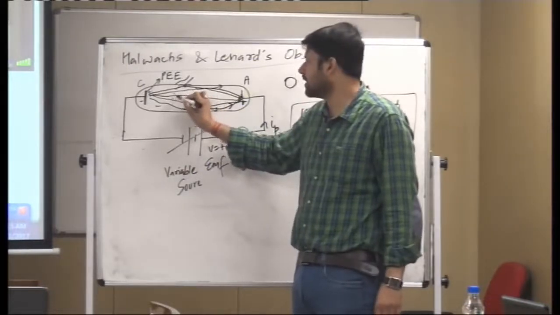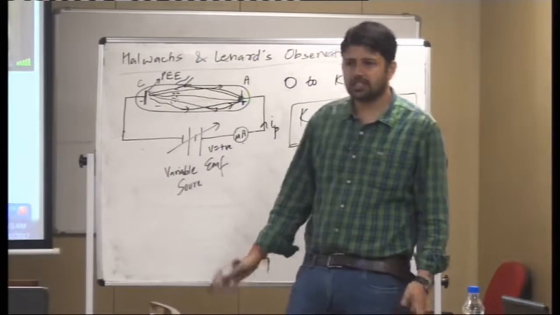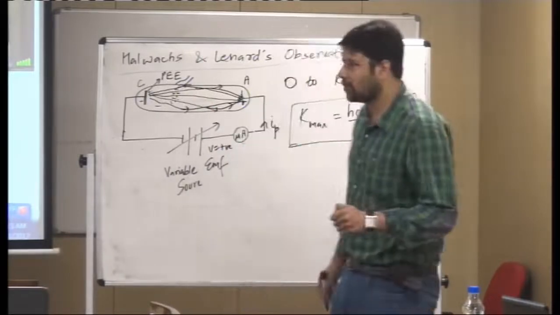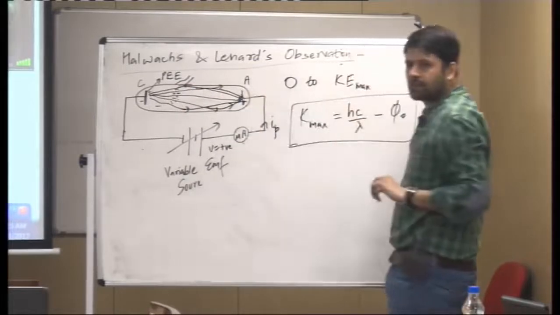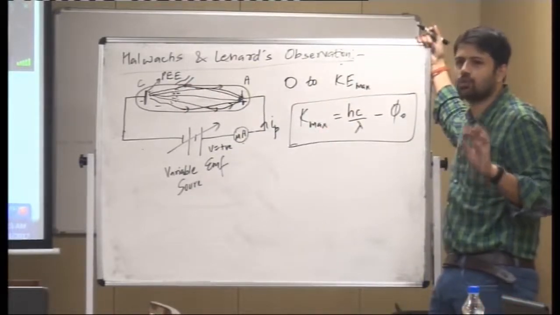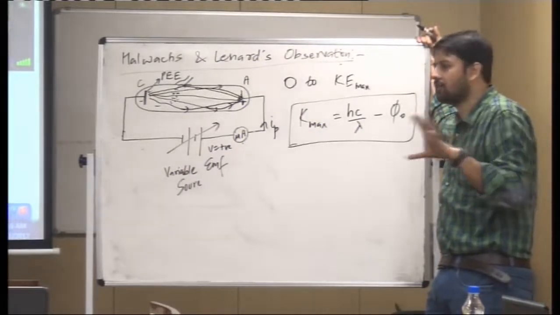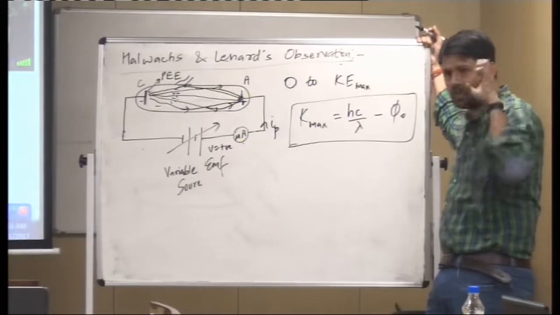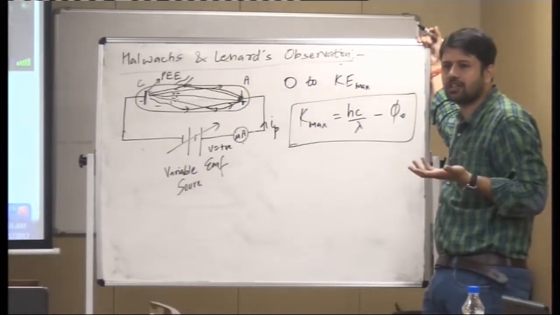Because there are some electrons which sit here without any energy. So when you increase the voltage, a time would come when even they would get attracted. So all the electrons from 0 to maximum kinetic energy are pulled by the anode. All of the electrons now represent the photocurrent.